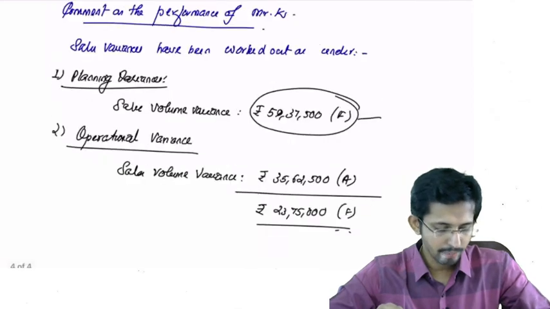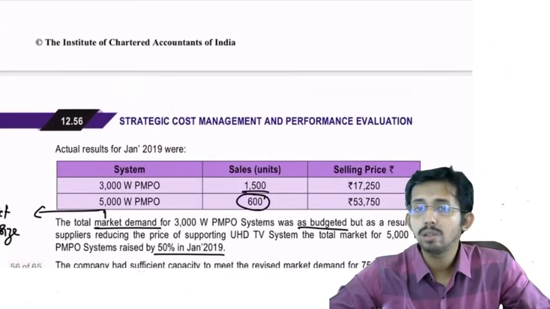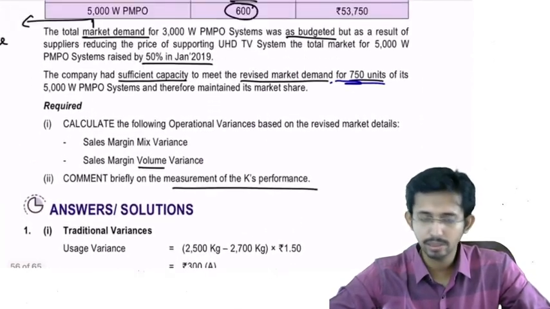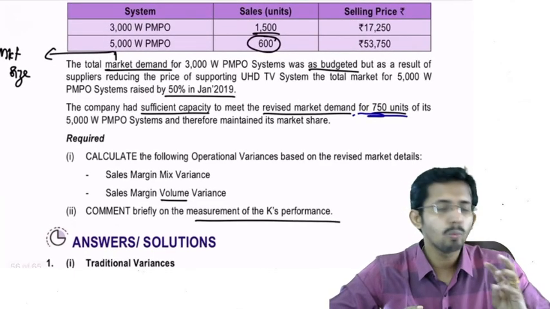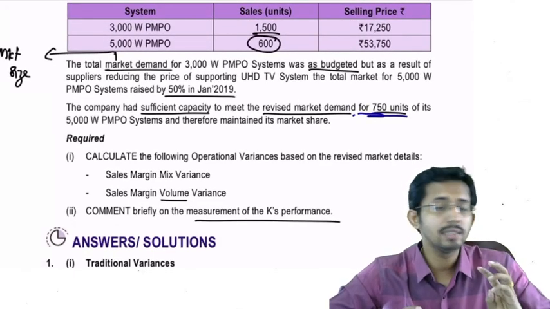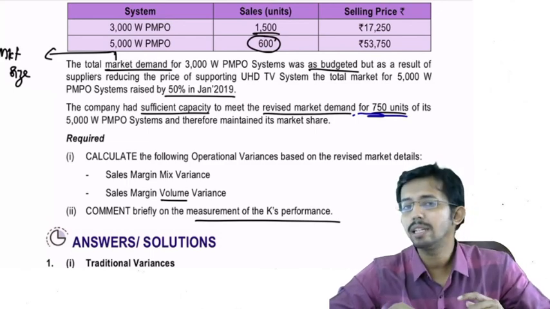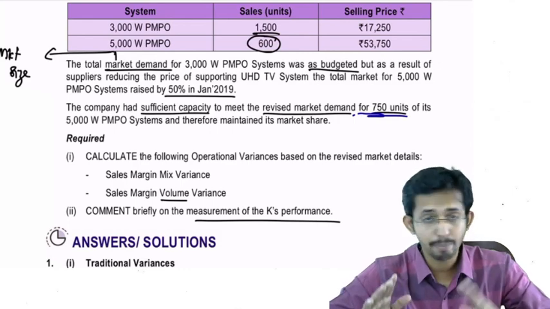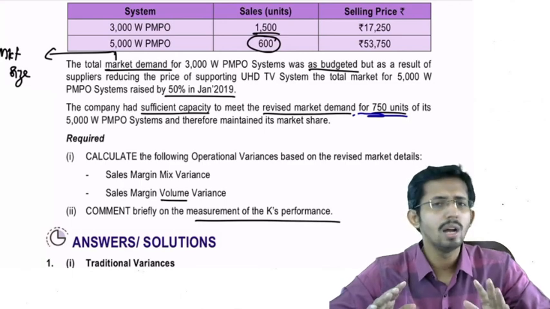Okay, so we have done both the parts, and I think with this question we have done all the questions in standard costing. So that's all we have done with the entire chapters in the SCM. Now one topic we have left out, that is the learning curve, which I will be taking next. After that we will be dealing with all the case studies given in the study material as a separate section.